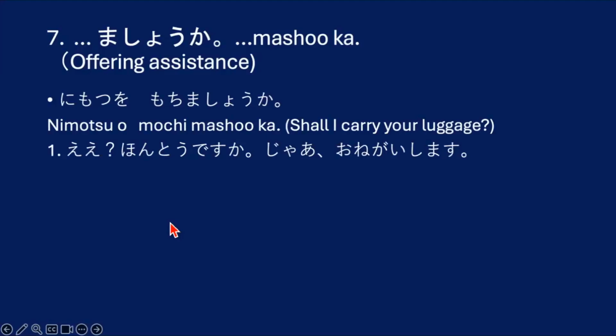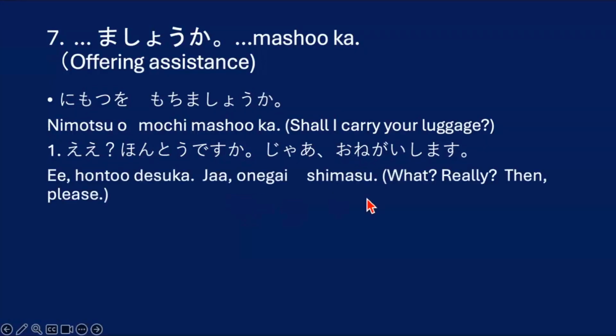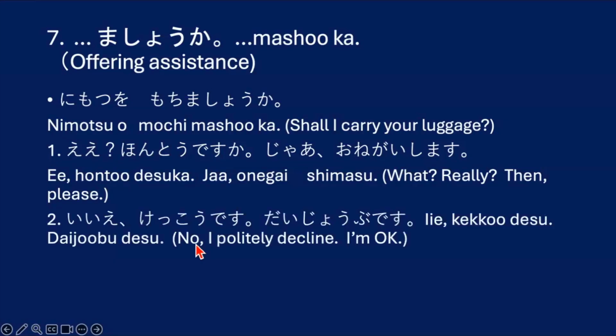And to answer that, if someone offers you, then, 本当ですか? じゃあお願いします. Okay, so, oh, really, you're impressed. Okay, then please, お願いします. Or if you're okay, いいえ、結構です。大丈夫です。結構です was I'm fine as it is.